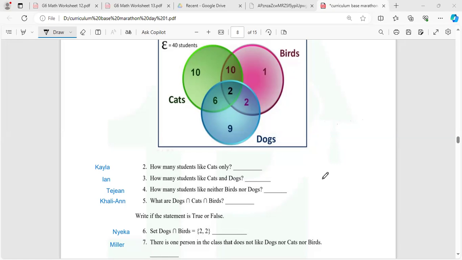The 10 and the 2 are the intersection between all of them, and also the 6. So the one that doesn't have an intersection with any other groups is the 10 outside, by itself. That is 10.